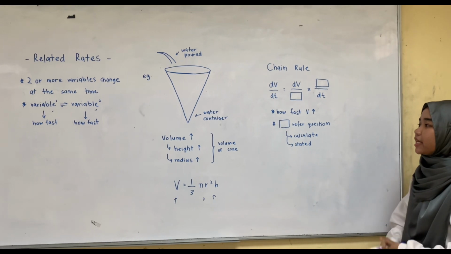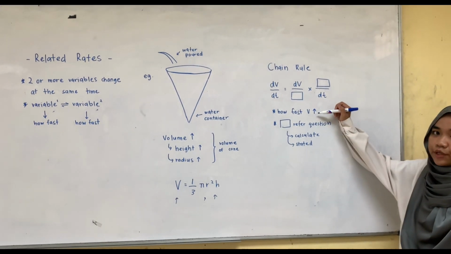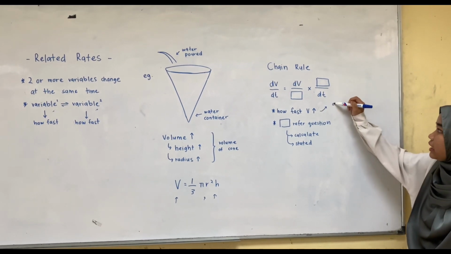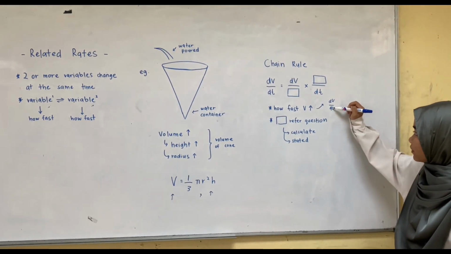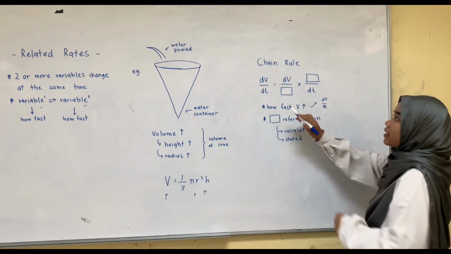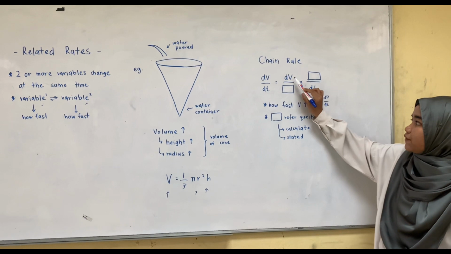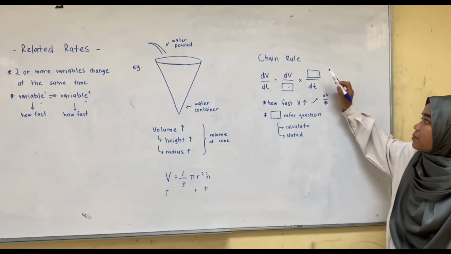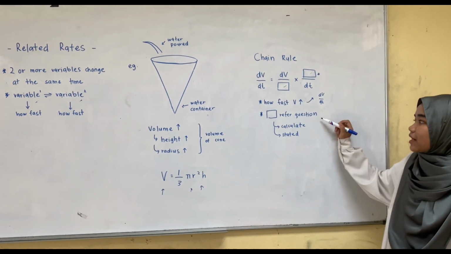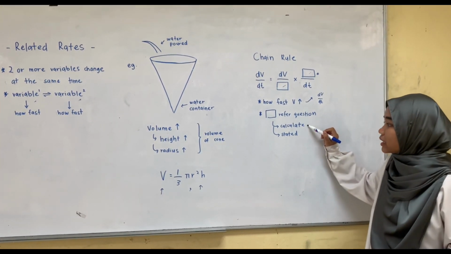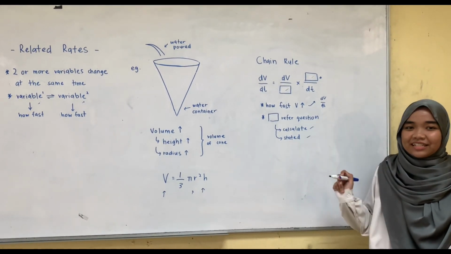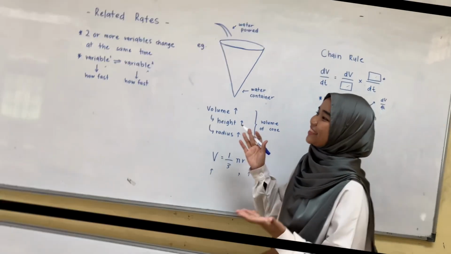The question asks how fast the volume increases, so we extract this as dV over dt. Then we apply the chain rule and separate the formula into dV over something multiplied by something over dt. For this something, we refer to the question whether we need to calculate it or it's already stated in the question. Now, let's move on to the example.